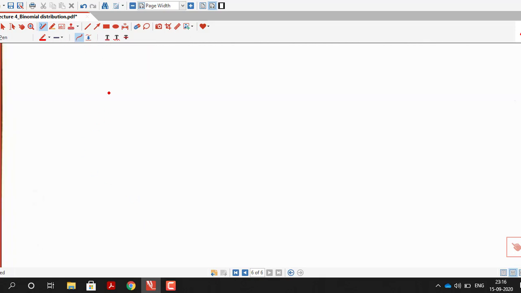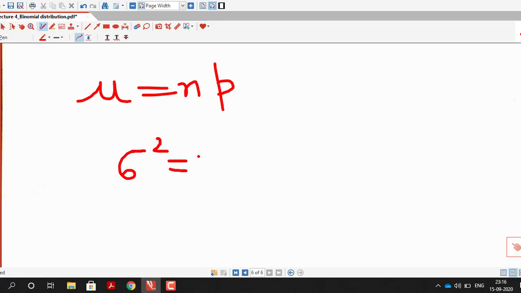So in this way you can do the problems related to binomial distribution, and you have to remember these formulas. The mean of a binomial distribution is n into p, and the variance sigma square of a binomial distribution is npq, where n is the number of trials, p is the probability of success, and q is the probability of failure.